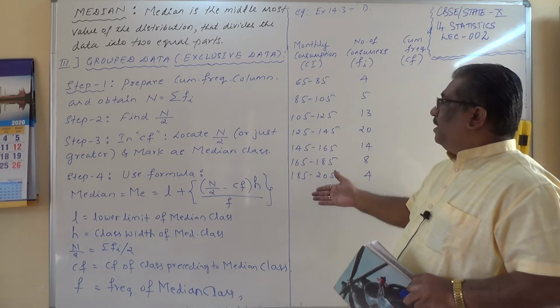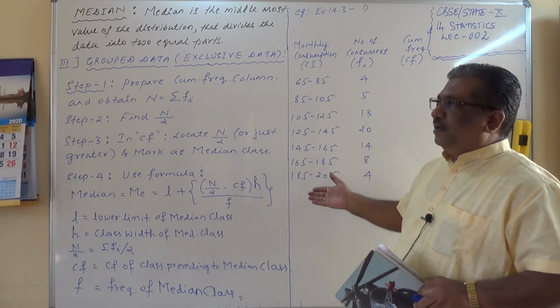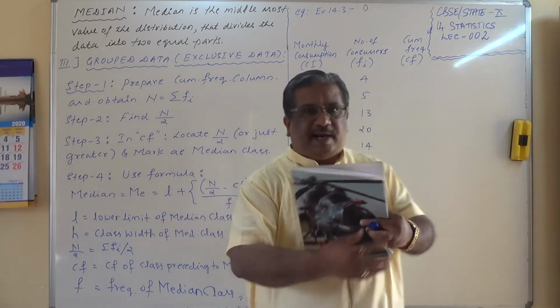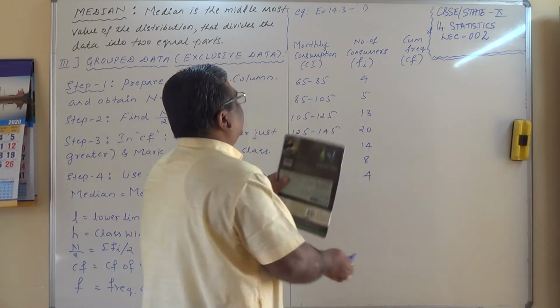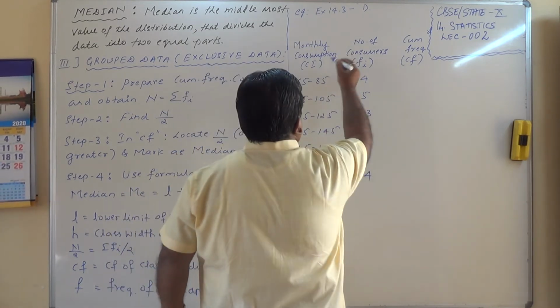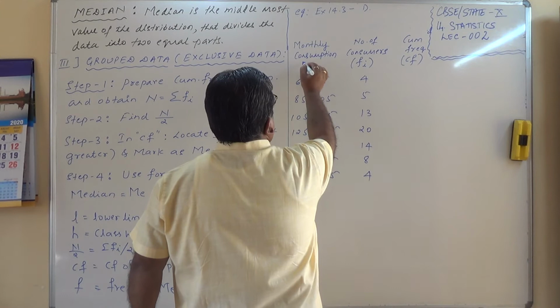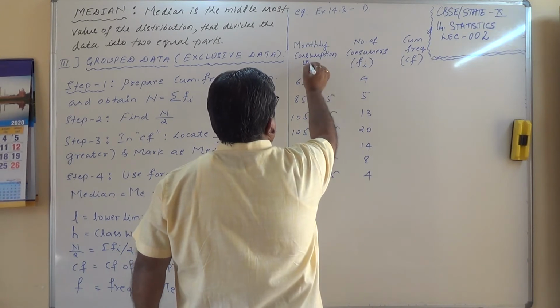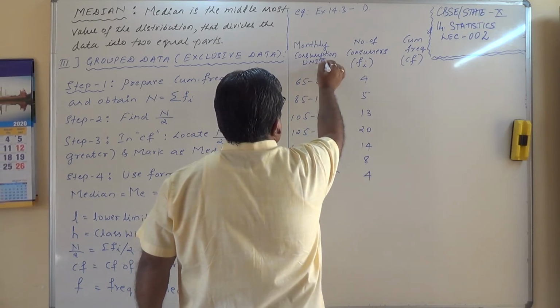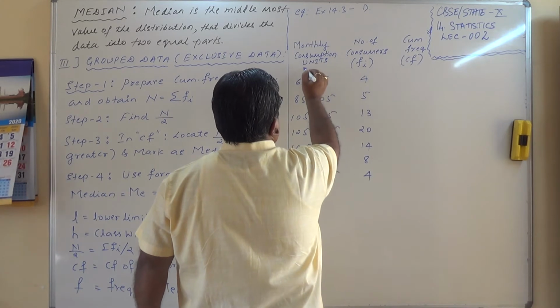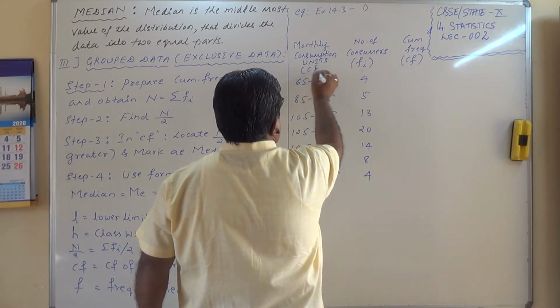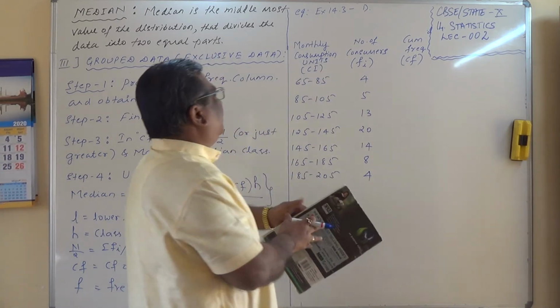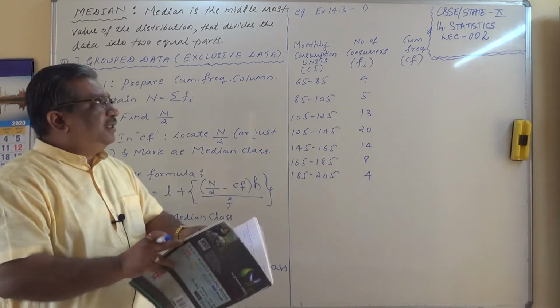This is the monthly consumption, the electricity consumption in number of units. So I'll write that also. This class interval, monthly consumption of units, is nothing but the class interval.